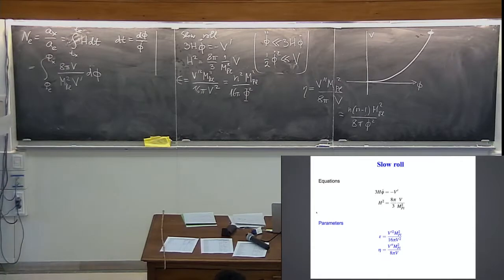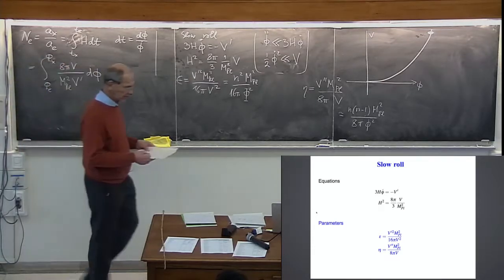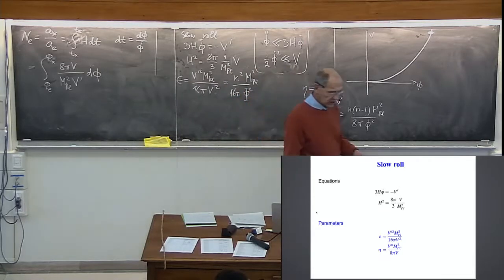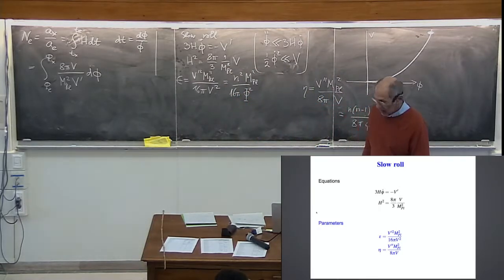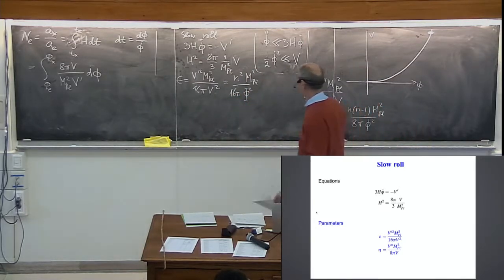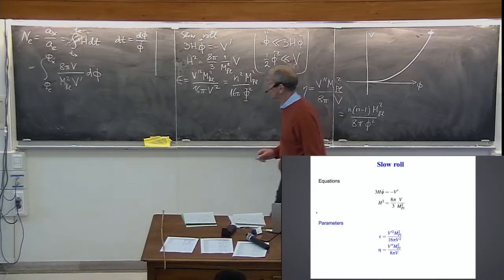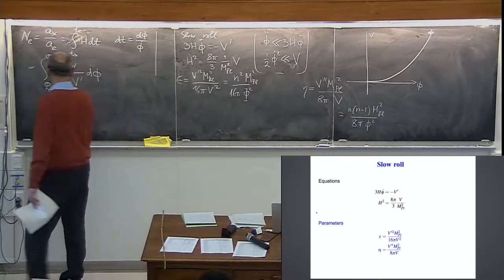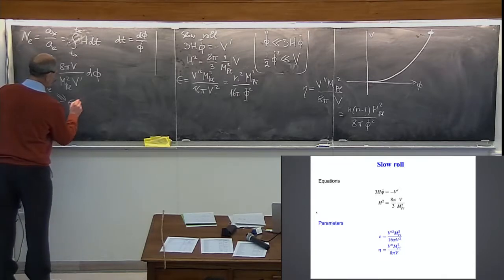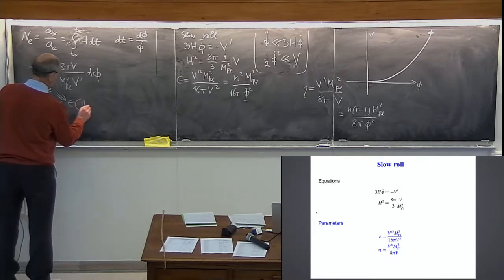Okay? So once you know the left-hand side is 50 or 60, and you have your favorite potential at hand, then you know the value of the scalar field at horizon crossing. And so once you know this field at horizon crossing, you can calculate epsilon and eta at horizon crossing.